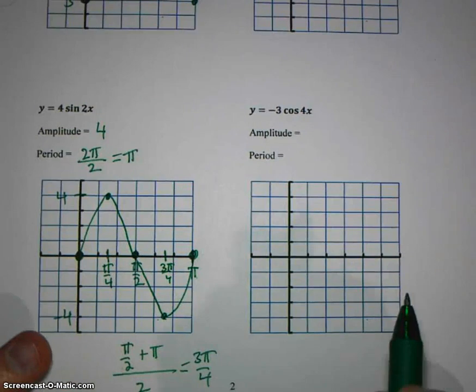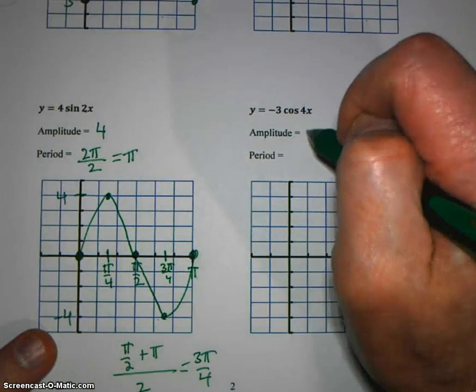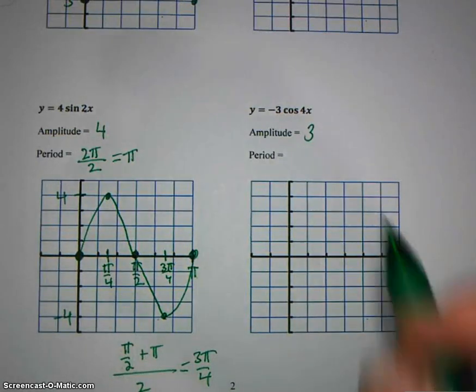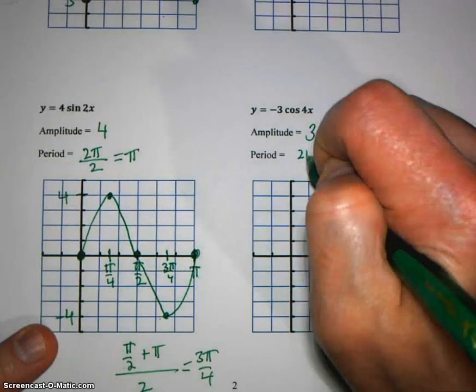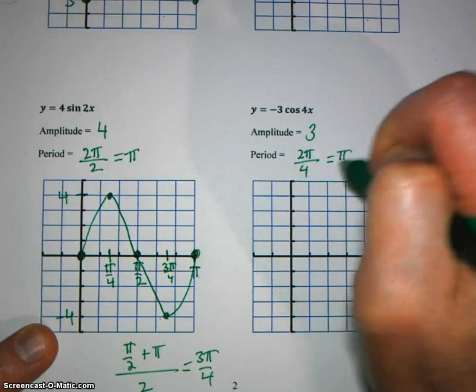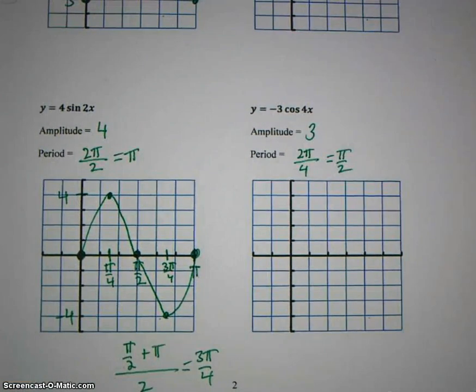Negative 3 cosine 4x. My amplitude is 3. Again, amplitude is always, always, always given as a positive number. Period always starts at 2 pi, and then you divide by whatever that number is. The 2 and the 4 reduce, you get pi over 2.